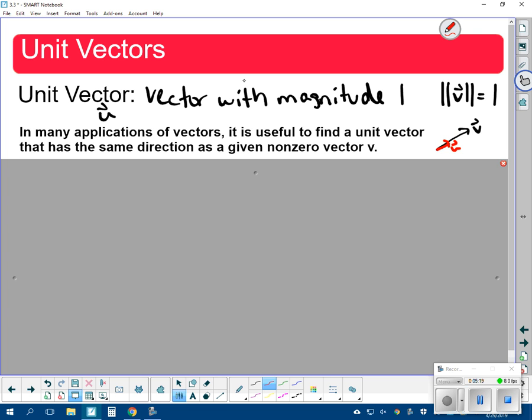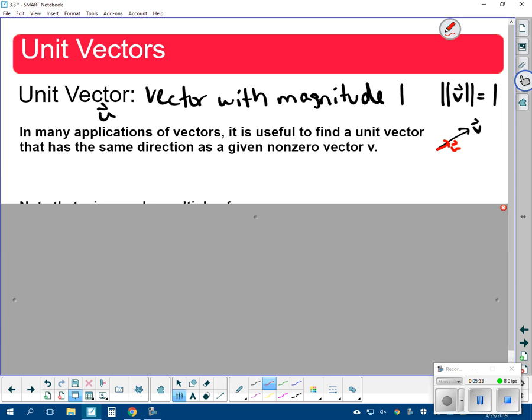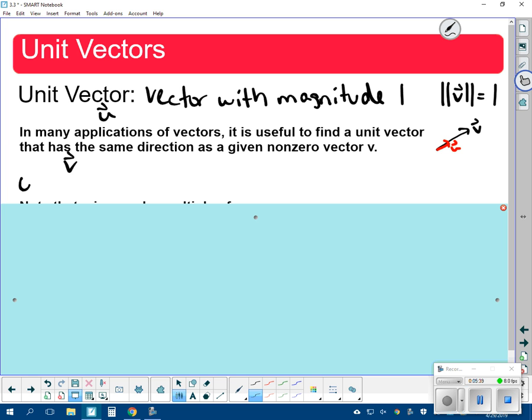So first we need to figure out how to do that. Well, if you know vector v, how could you possibly find vector u? Well, if you have vector v, in order to find its unit vector, all you actually have to do is divide by vector v's magnitude.